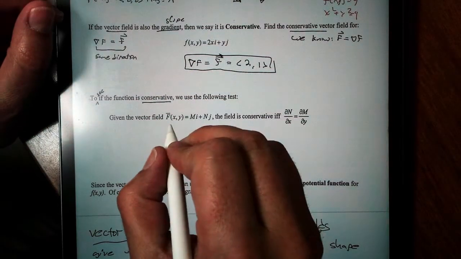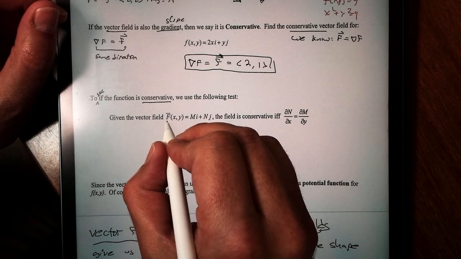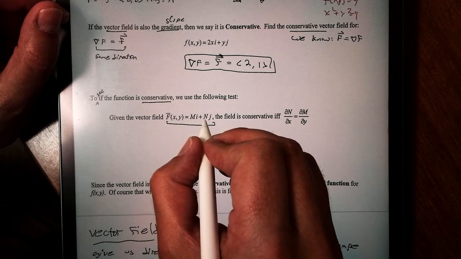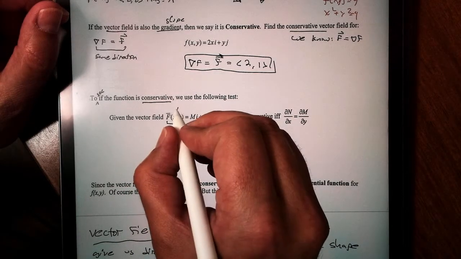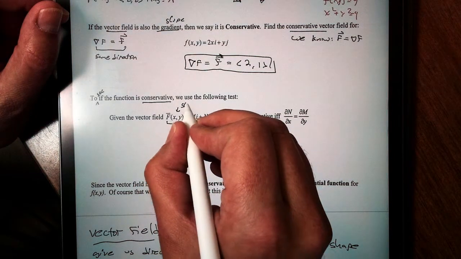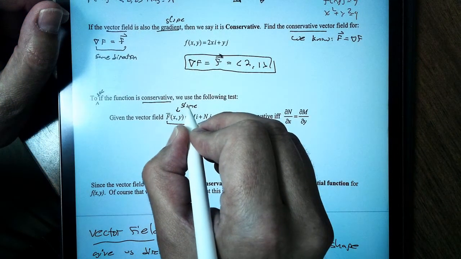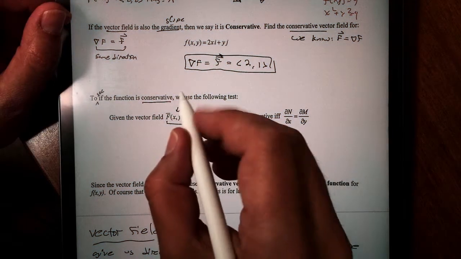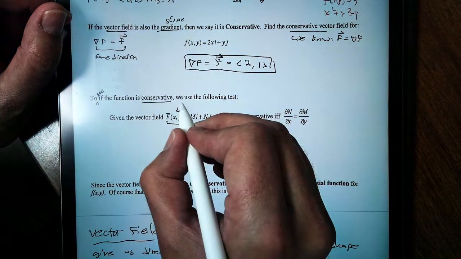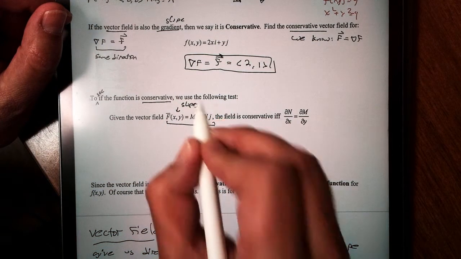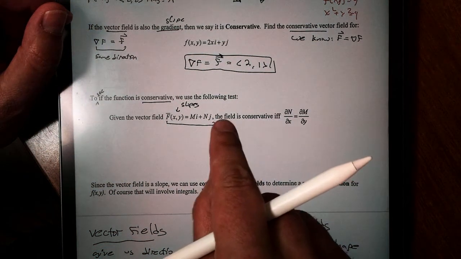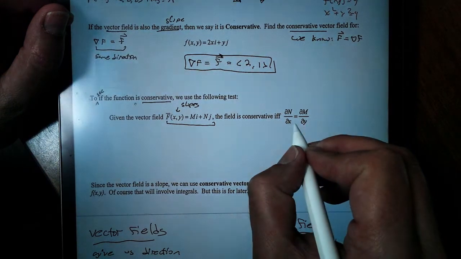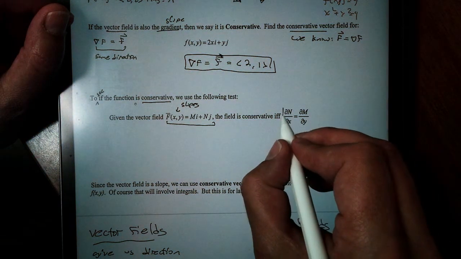Given the vector field F(x,y) equal to Mi plus Nj, remember, this is talking about the slopes, so we're going to use our gradient. The vector field is conservative if the partial of N with respect to x is equal to the partial of M with respect to y.